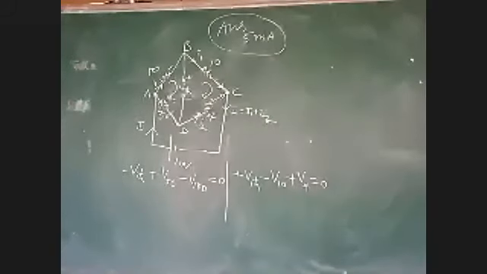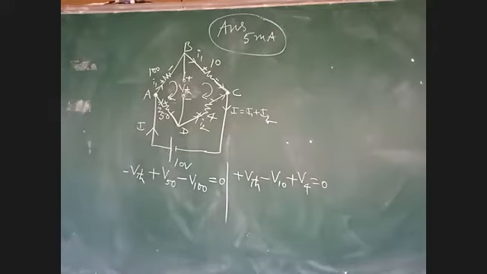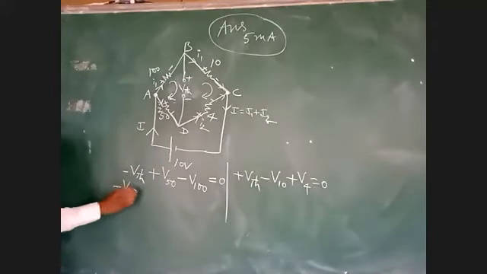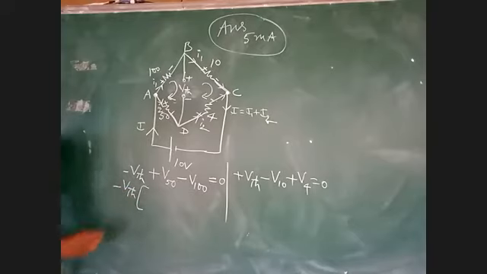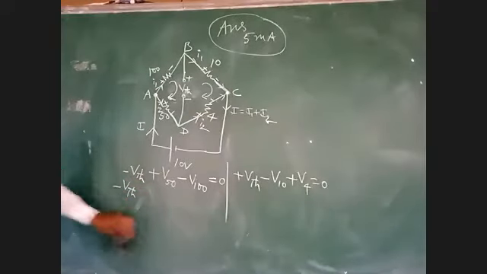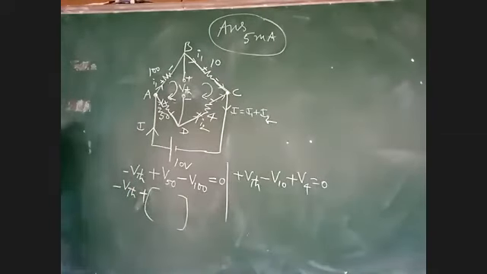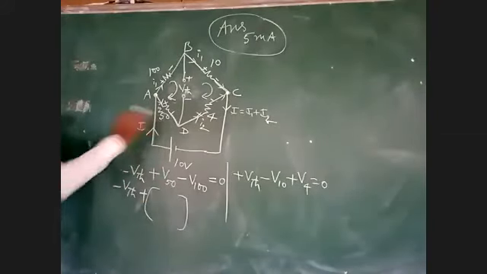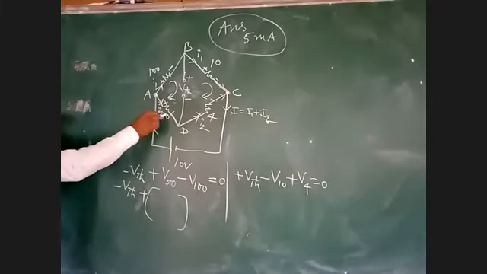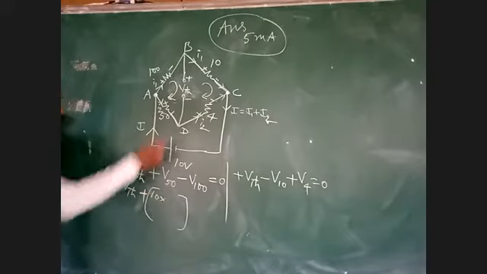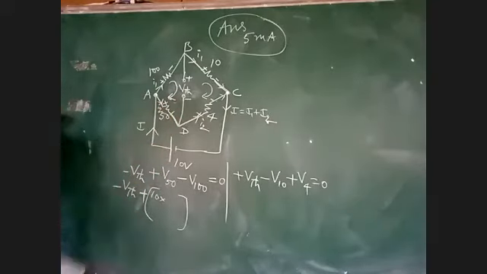See here, based on that formula, I write the same thing. VTH as it is, I am writing. Voltage in 50 ohms, I am writing. Voltage in 50 ohms is equal to, what is the total voltage for the entire circuit? 10.